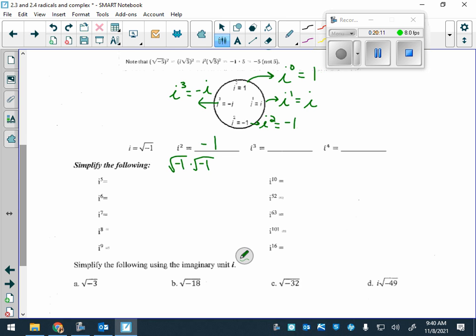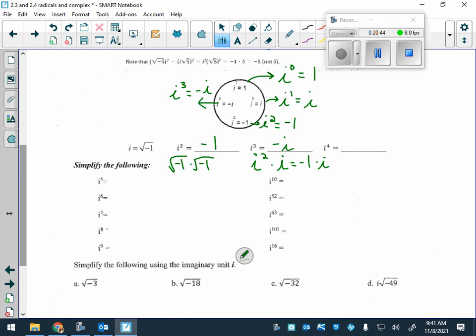Then i cubed is made up of i squared times i. But what does i squared equal? Negative 1. What's negative 1 times i? Just negative i. I'm just giving you the backstory of how they came up with i squared, i cubed.